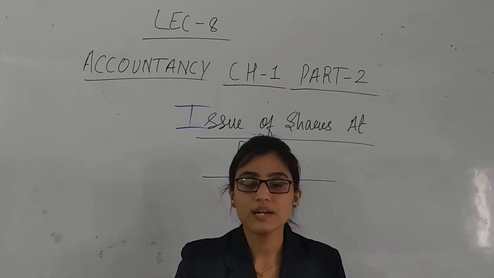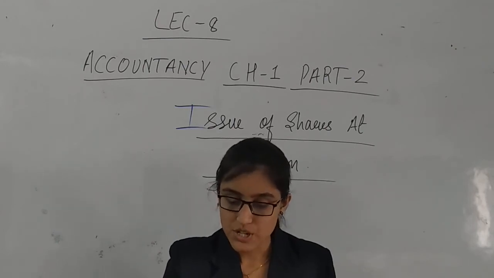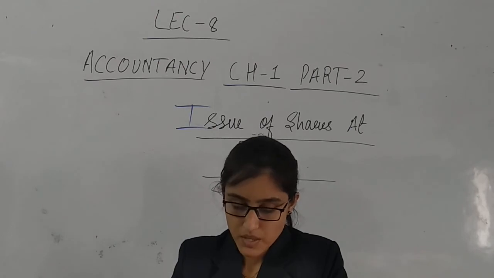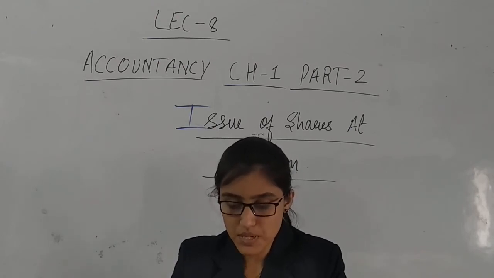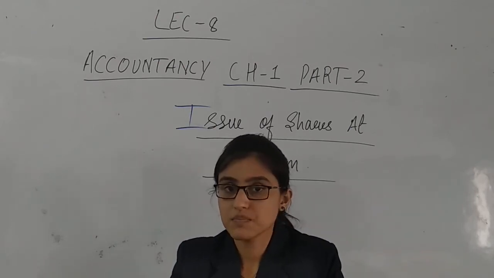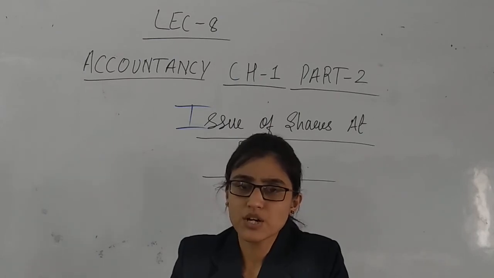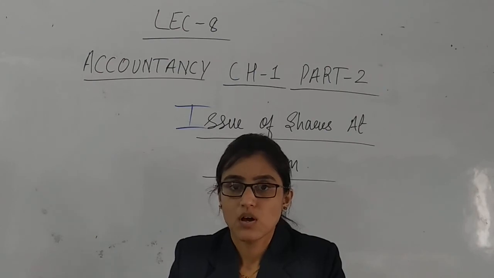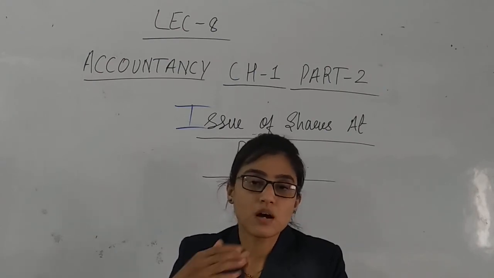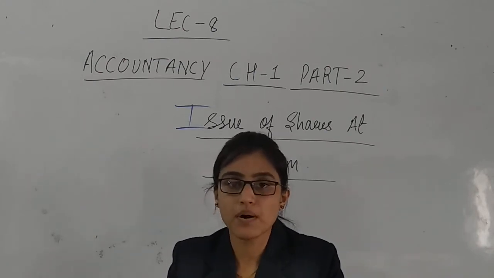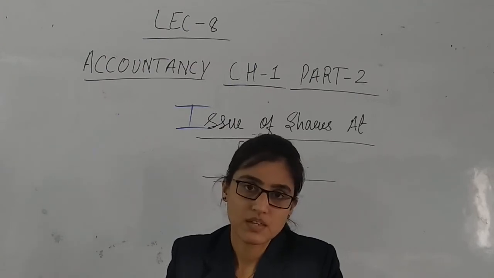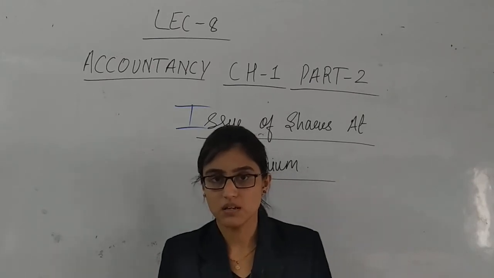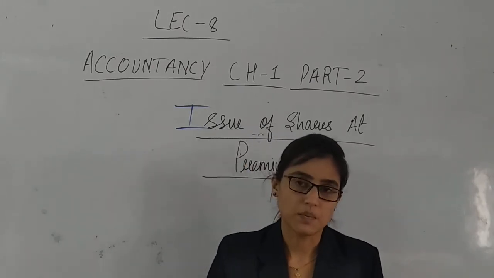The journal entry for this is share call account debit to share capital account, to securities premium account. What is included in securities premium? The amount of premium called up per share. And the journal entry for receipt of call money remains the same.